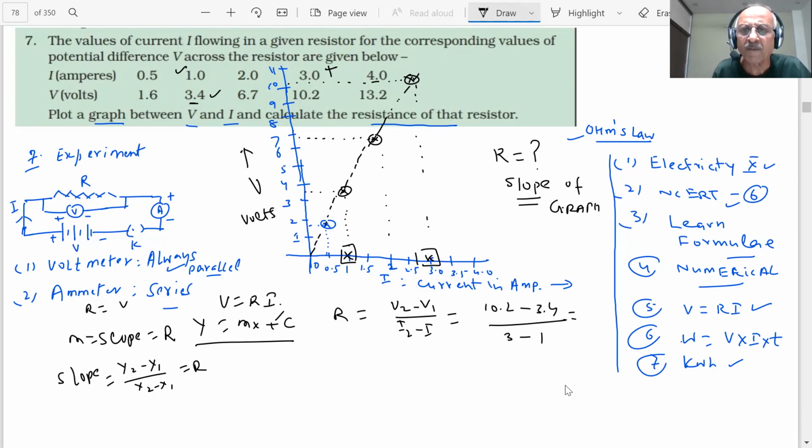What is the answer coming? 10.2 minus 3.4 is 6.8, by 2. How much is it coming, students? 3.4 ohms. Am I right?